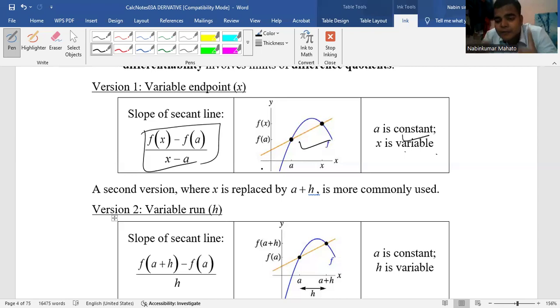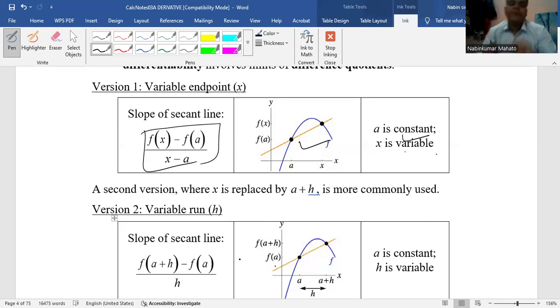Why do we add a plus h? Here h is also a variable, so the height rises, and obviously we add, not subtract.